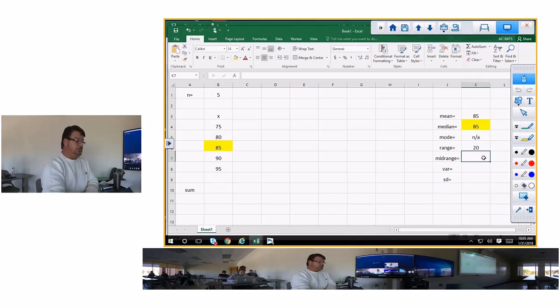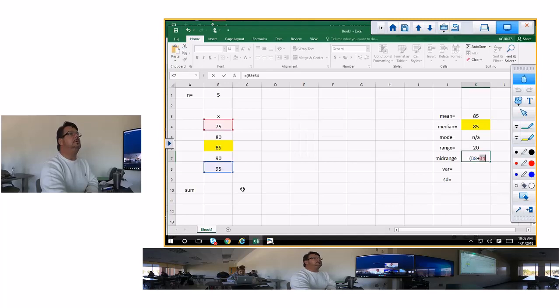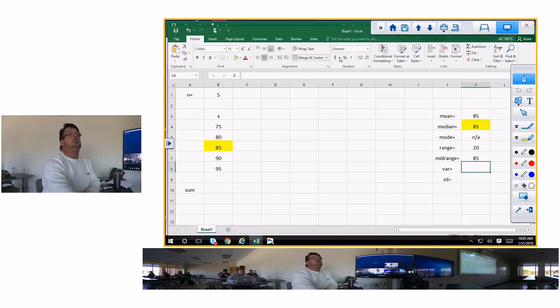And mid-range is equal to, in parentheses, the highest plus the lowest, divided by 2. And there are the numbers I told you to calculate a while ago, okay?